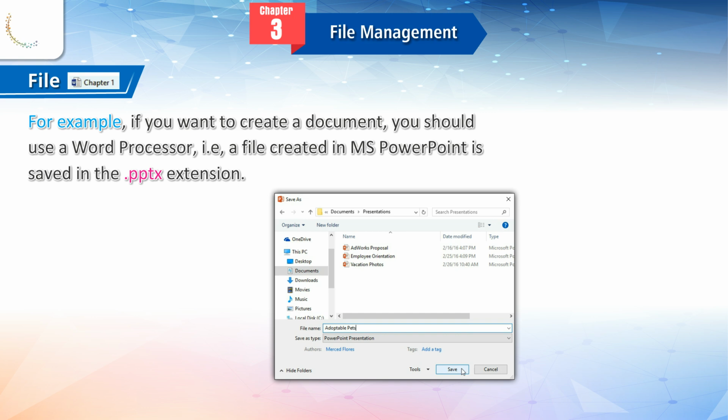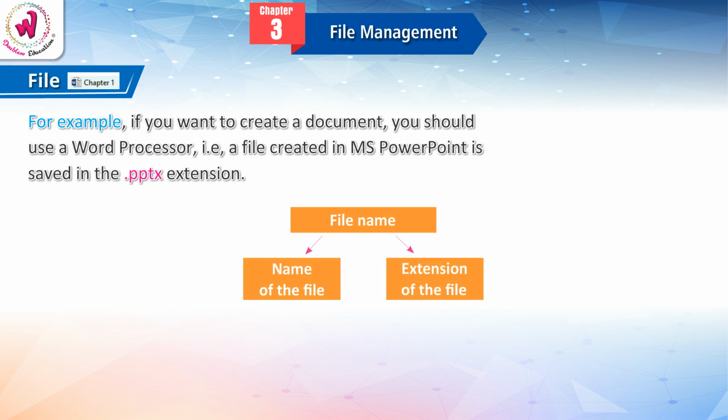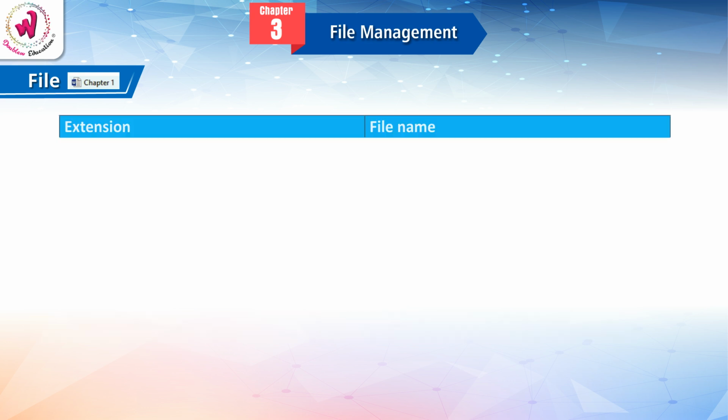For example, a file created in MS PowerPoint is saved in the .pptx extension. A file name has two parts: the name of the file and the extension of the file. A file extension is the end of a file name that tells what type of file is being used.